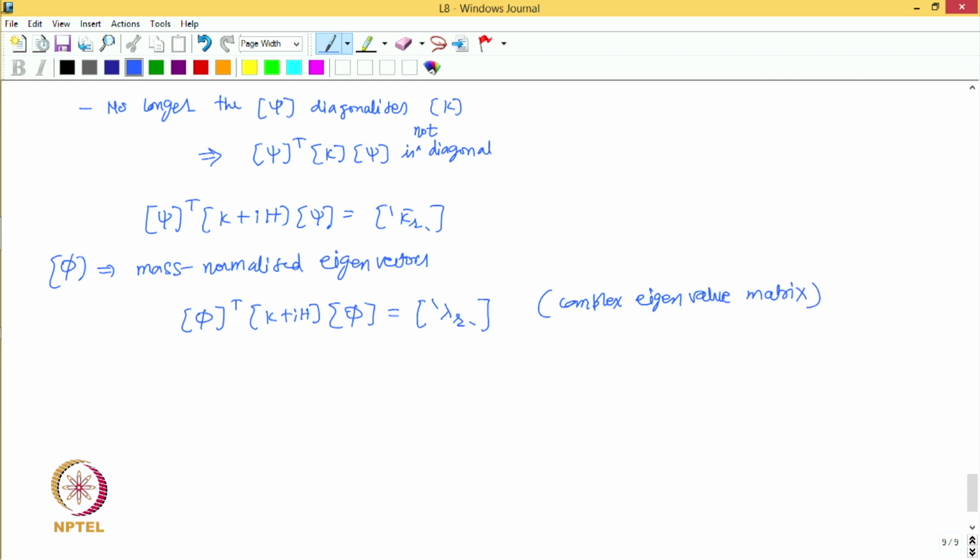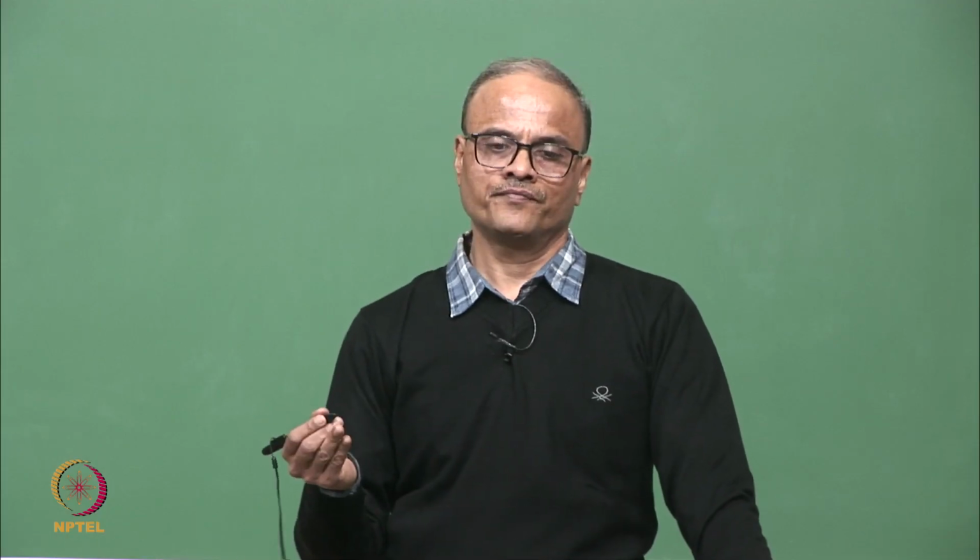Now, this complex eigenvalue matrix we can write as the real part of the matrix plus the imaginary part, right. If we call the real part of this matrix a diagonal matrix with diagonal values indicated by omega r dash square, then that basically represents the natural frequencies, right.